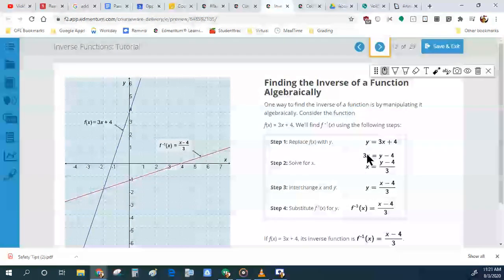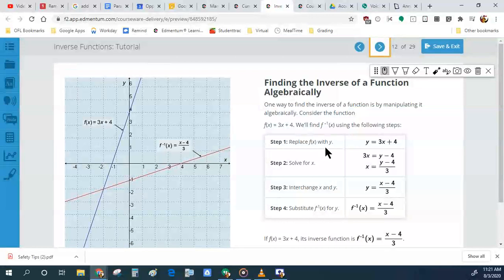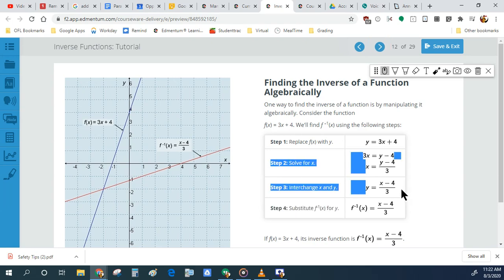So the steps to doing this, it's a 4-step method. I like it. Technically, it's only 2 steps. The only reason it's more is the labeling part. So the first part that you're going to do, let's say we're taking this function right here, is you're going to switch your f of x to a y, and then you're going to solve for x.